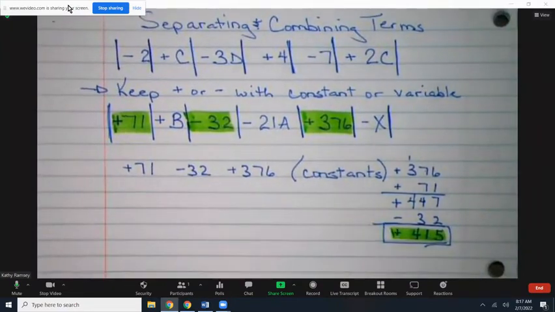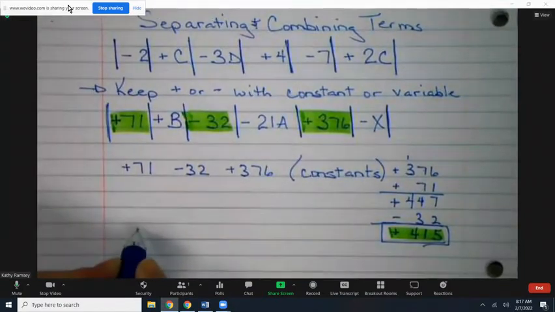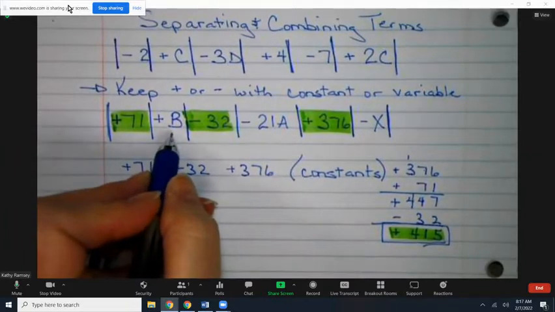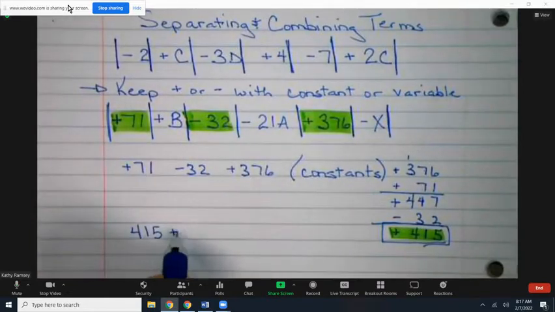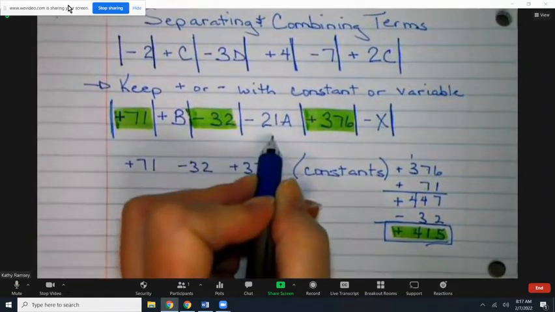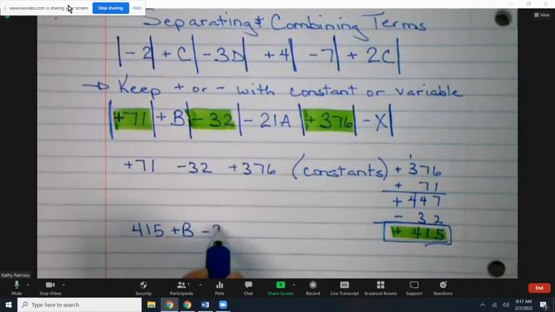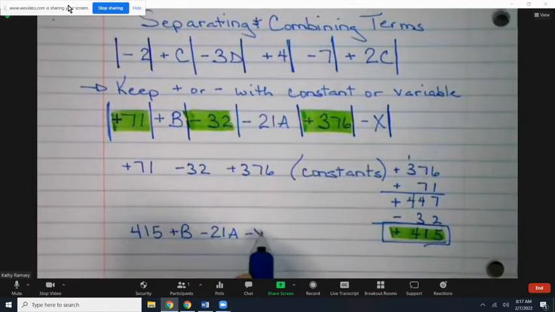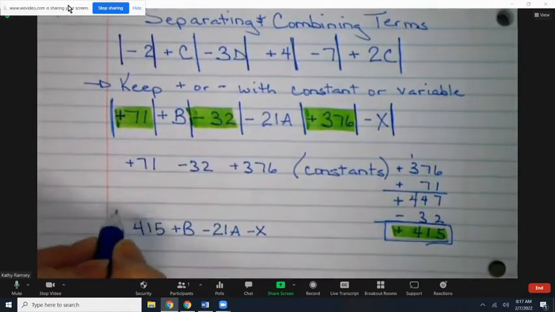because what I want you to see is that we can now go 415. You can have the positive if you really want it, but you don't need it. Then we're going to take our plus b, our minus 21a, and our minus x, and just put them there.